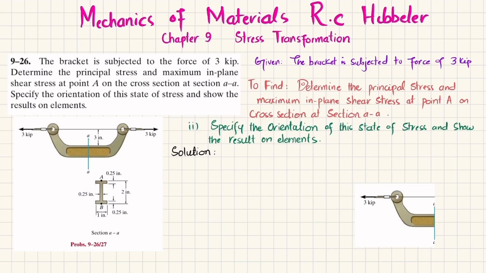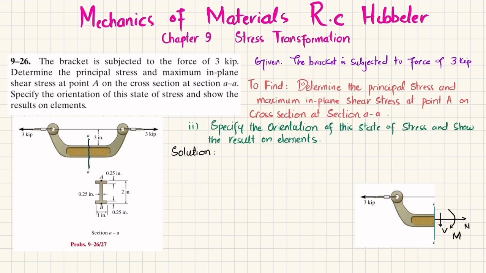When you section it at section AA, as shown here, you will have a reaction, a normal force perpendicular to this surface, which will be equal to N. Clear? You will also have a shear force as well as a moment in this direction.